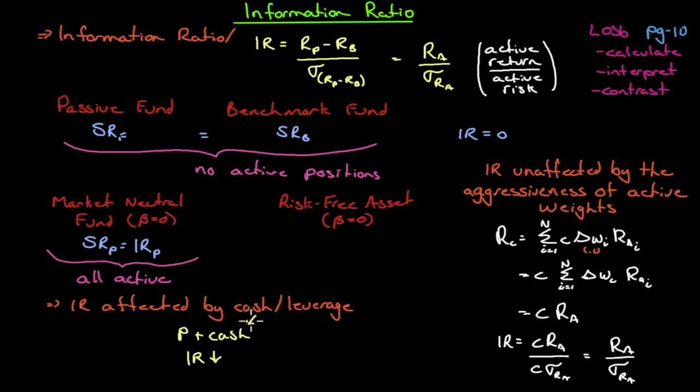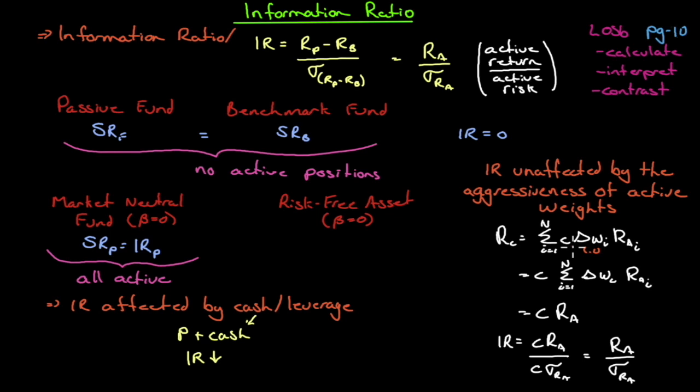The information ratio is affected by cash and leverage. The Sharpe ratio is not. The information ratio is unaffected by the active weights. So if we're going to adjust the active risk, how would we do it? We must do it through the active weights. If we have too much risk, then we're too overweight and too underweight, and we've got to pull it back.